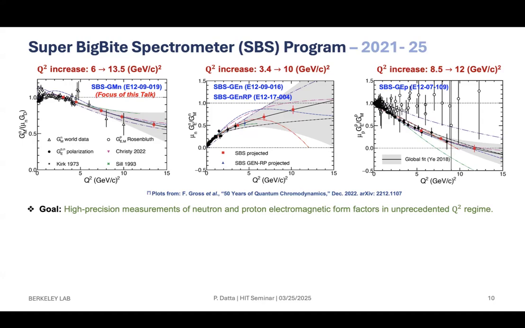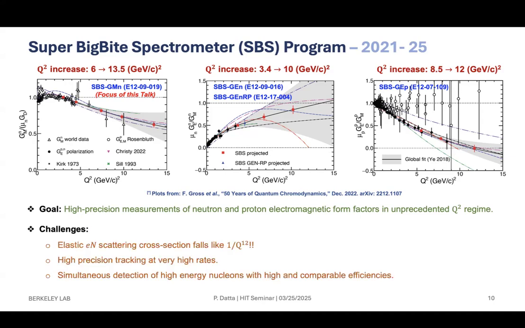For this talk, I'll be focusing on the SBS-GMn experiment, which was the very first SBS experiment. It took data from fall 2021 to February 2022 to extend the high precision measurement of GMN up to 13.5 GeV². But there are multiple challenges associated with such high Q² form factor measurements.